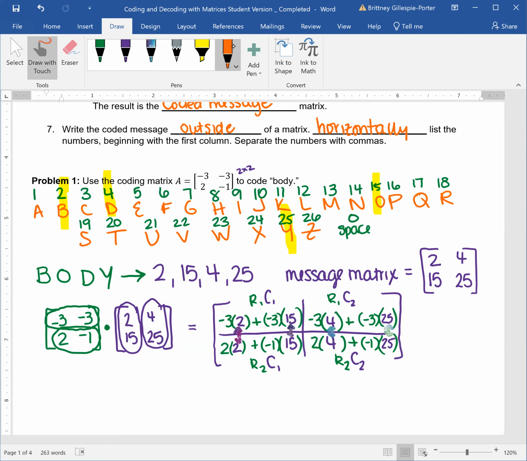Do each of these multiplications and additions and the arithmetic in your calculator, and you wind up with top row of negative 51, negative 87. And then bottom row is negative 11, negative 17. What you just found was the coded message matrix.